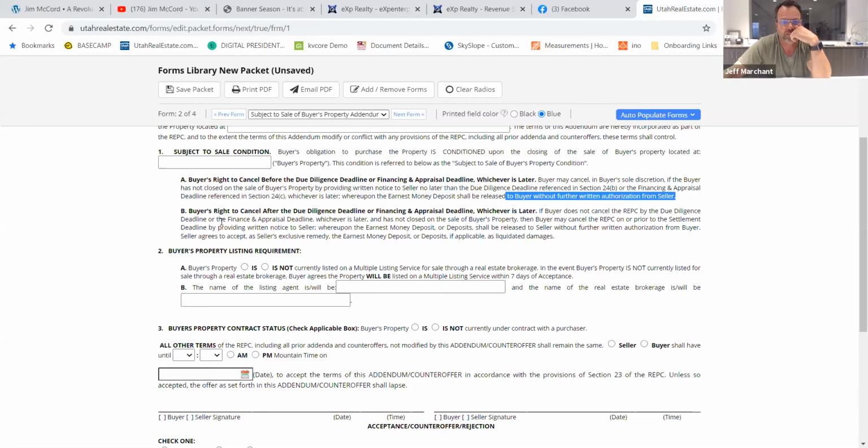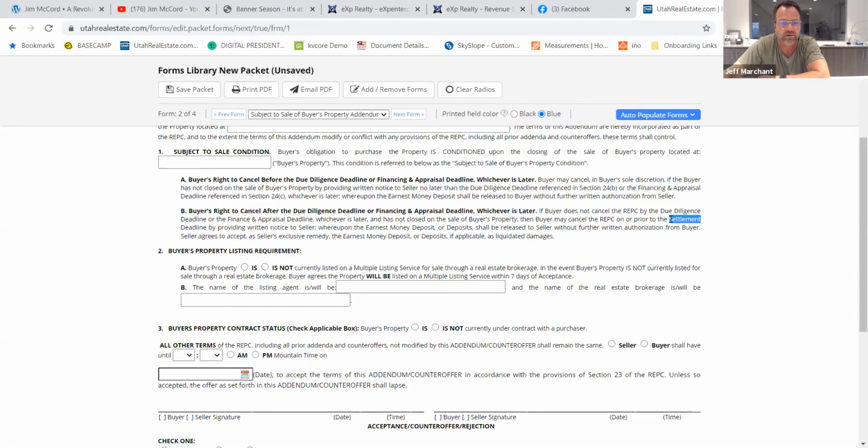So item B though says the right to cancel after. So this one was before. This one is if you cancel after the due diligence deadline. Okay, if the buyer does not cancel the REPSLI by the due diligence deadline or the financing appraisal deadline, whichever is later, and has not closed on the sale of buyer's primary residence, then buyer may cancel this REPSLI on or prior to the settlement.